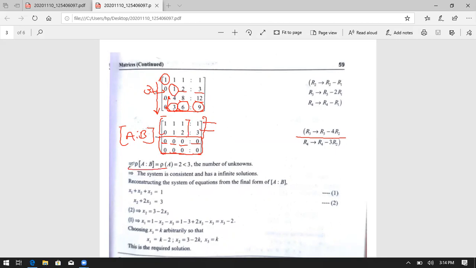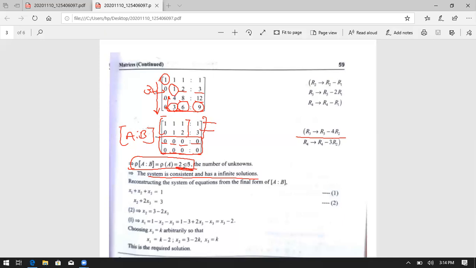Therefore, you write rank of AB is equal to rank of A is equal to 2. That is less than 3, the number of unknowns, which means the system has infinite solutions. Remember this one: the rank of AB is equal to rank of A is equal to 2, which is less than 3, means the system is consistent and has infinite solutions.